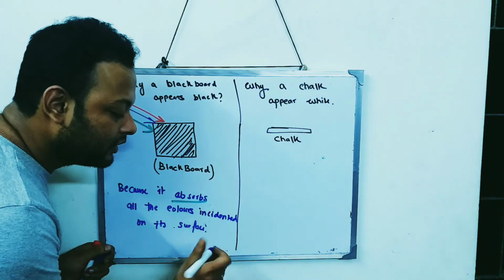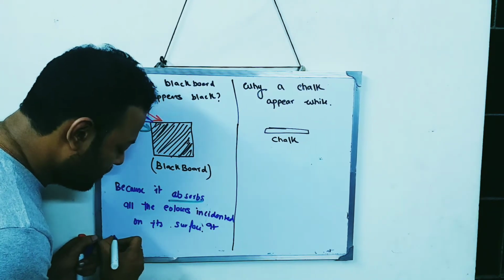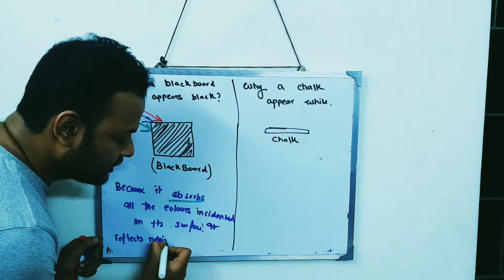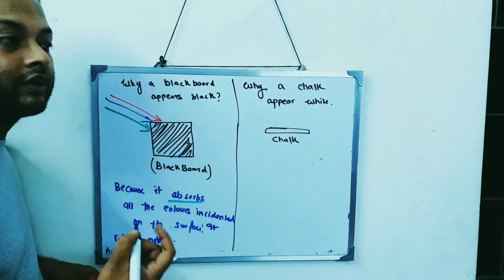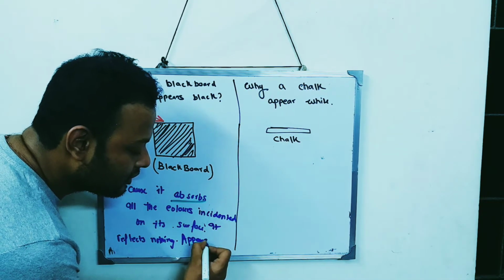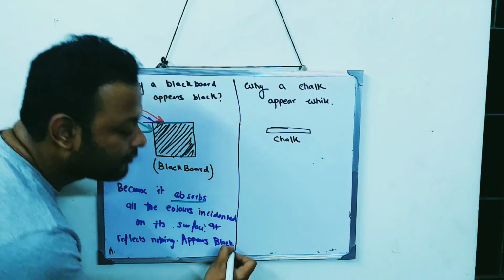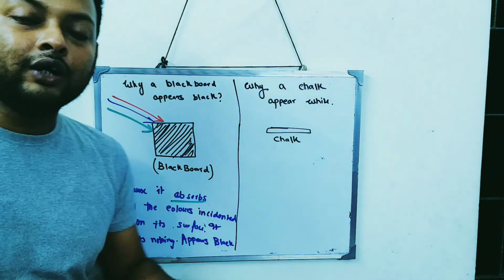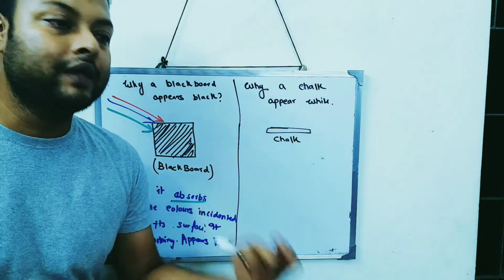If it reflects nothing, then it will appear black. I hope you understood this part. So the object which reflects nothing will appear black.